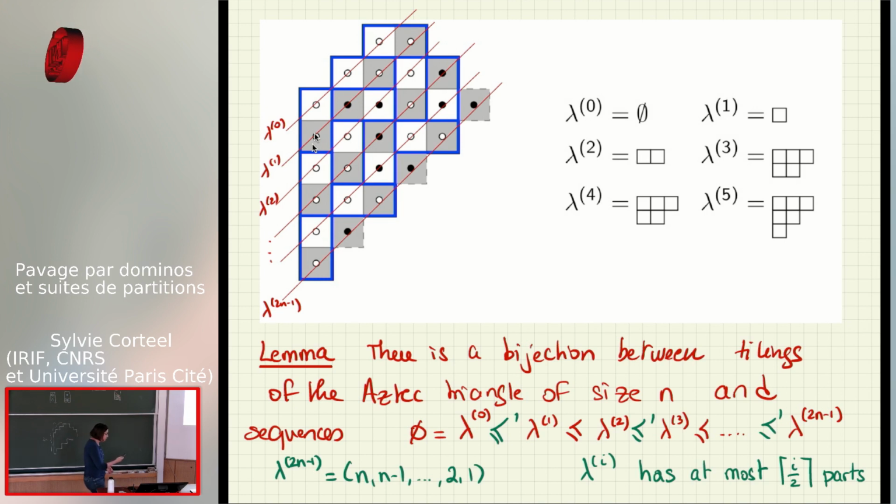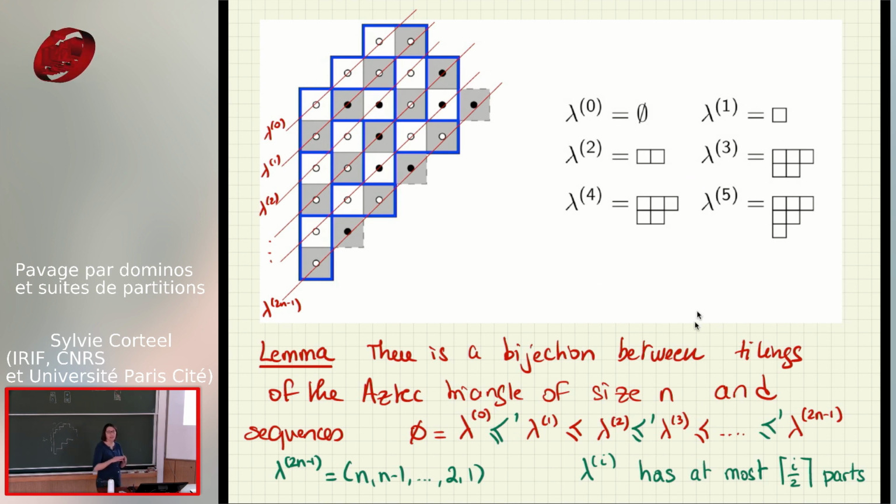Here I read my partitions from top to bottom. In my example, I have the empty partition, then the partition that's just 1, then the partition 2, and then 3 2, then 3 2 1. And if you look at this, there's a bijection between tilings of the Aztec triangle of size n and these sequences of partitions, which are a bit like what I had with my Aztec diamond, except now I always increase.